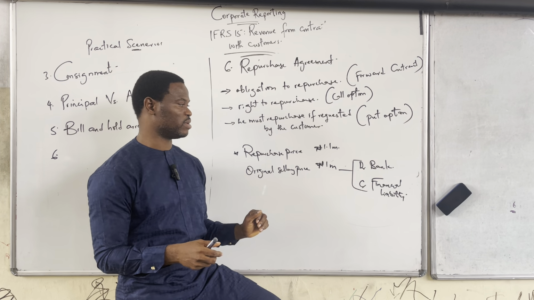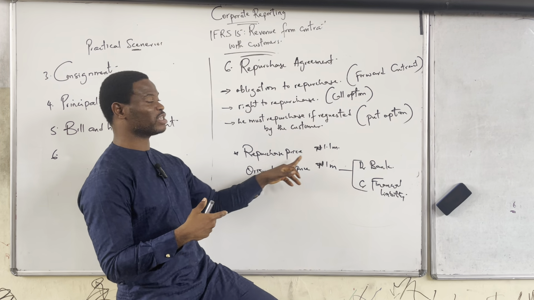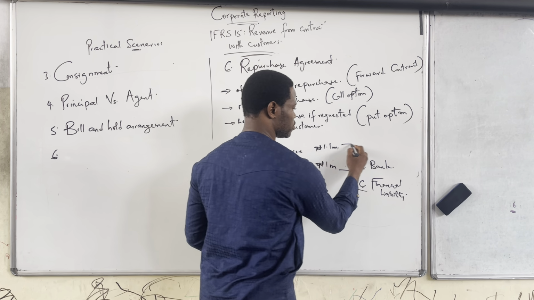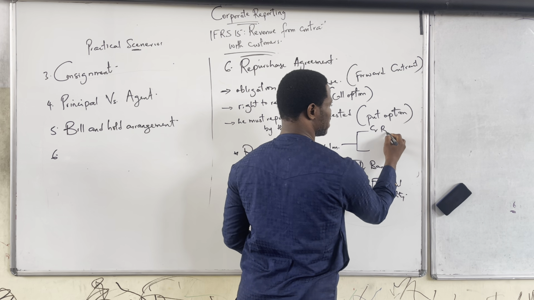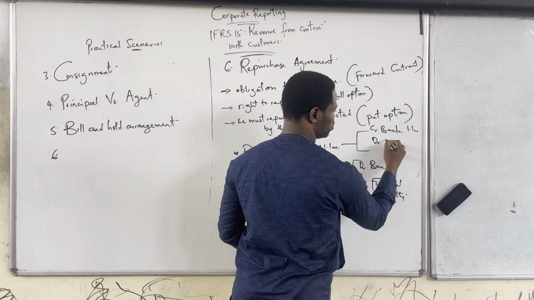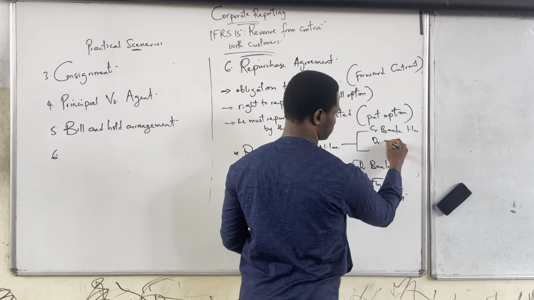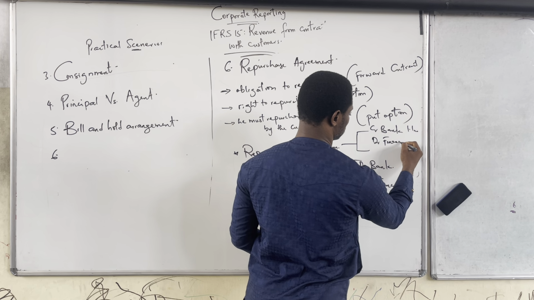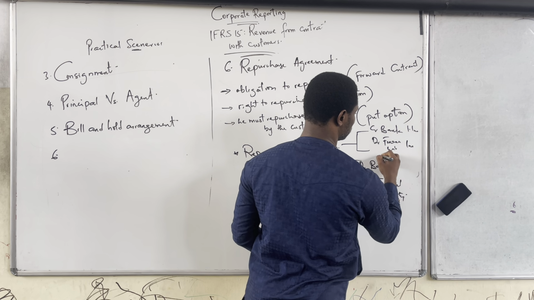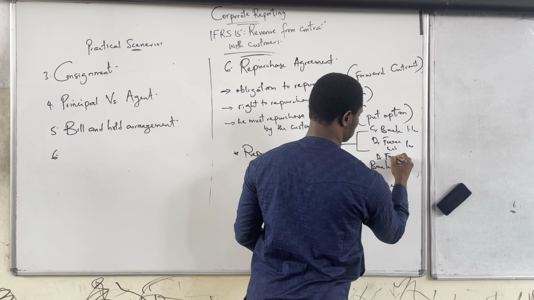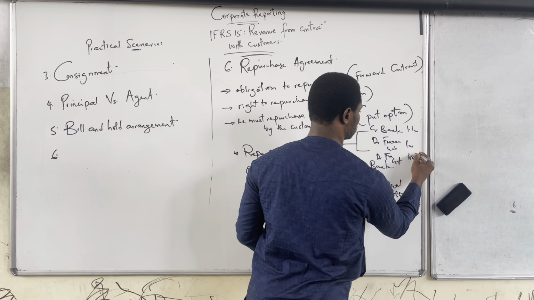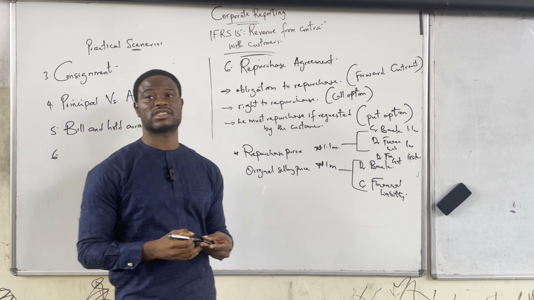Debit bank, credit liability. Now, the person came, returned the goods. How much are you paying the person? 1.1 million. Now, this 1.1, what do you do with it? You credit bank with how much? You debit what again? With how much? Then you debit what? How much? 100,000. Fantastic.